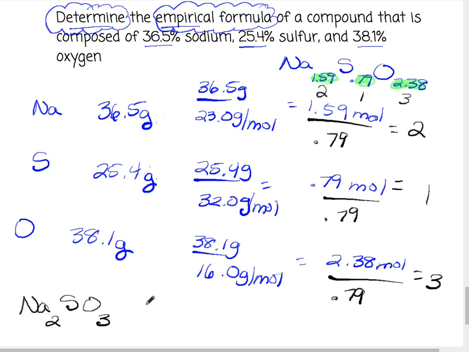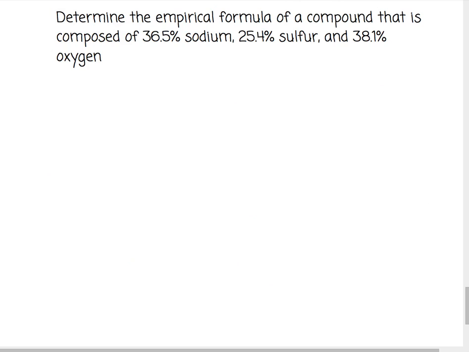Now, if we want to take this one step further than this question is even asking us for, let's name this thing. We've got Na, which is sodium, and SO3. Now, SO3 is not one of the 7 polyatomic ions that I told you is going to be showing up very often, but SO3 is a polyatomic ion, and it is on your polyatomic ion chart.